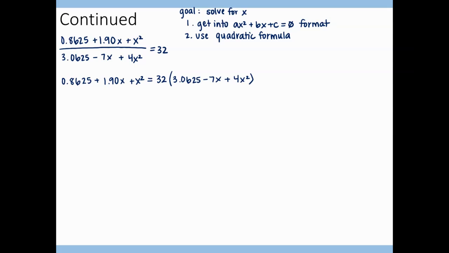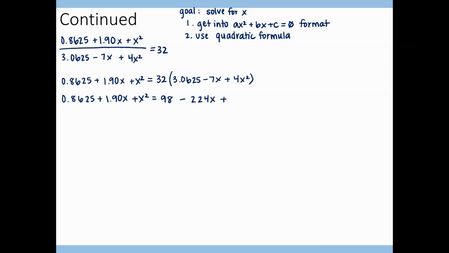Now we distribute the 32 on the right side. We'll do 32 times each of those terms on the right side. The left side still stays the same. So 32 times 3.0625 is 98. 32 times negative 7x is negative 224x.